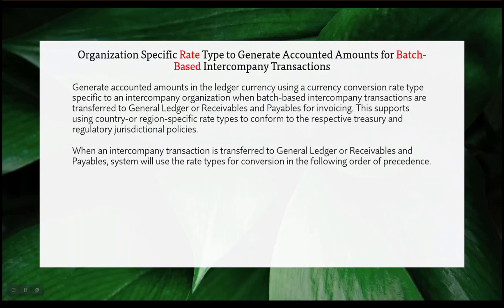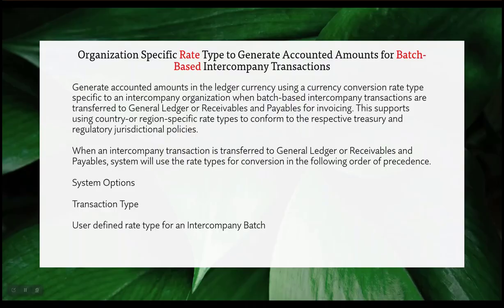When an intercompany transaction is transferred to GL or receivables and payables, the system will use the rate types for the conversion in the following order of precedence: system options first, transaction type, user defined rate type for intercompany batch, organization specific rate defined for the intercompany organization.